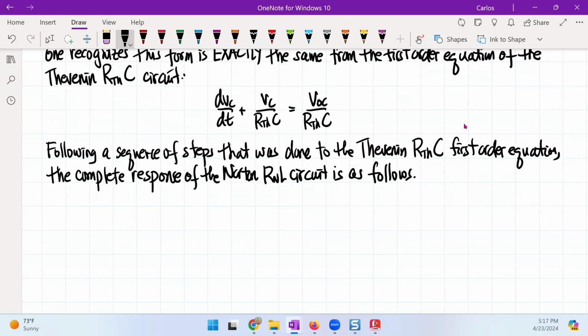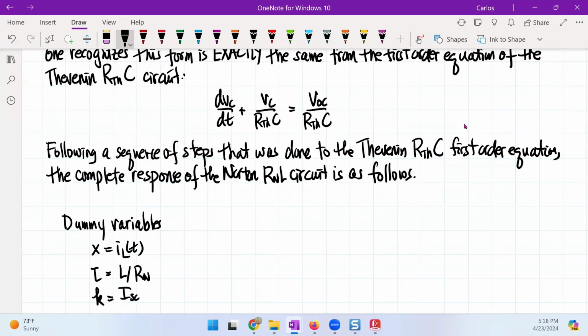So now that we have that equation, we start with our dummy variables. We need to redefine our dummy variables. In this case, we're going to replace the capacitor voltage with the inductor current. We define a tau that's slightly different, which is L over Rn. And then our K value is still going to be I short circuit divided by L over Rn.